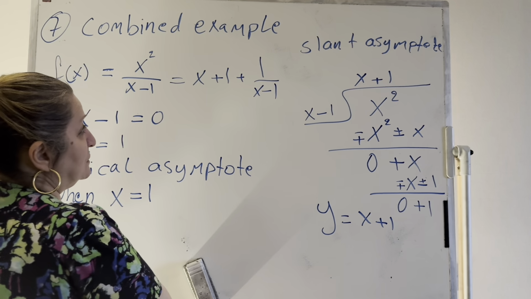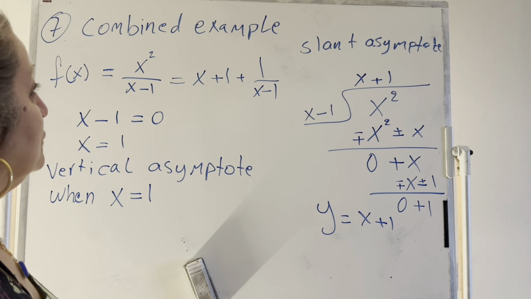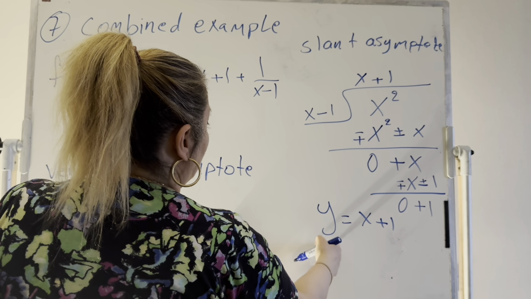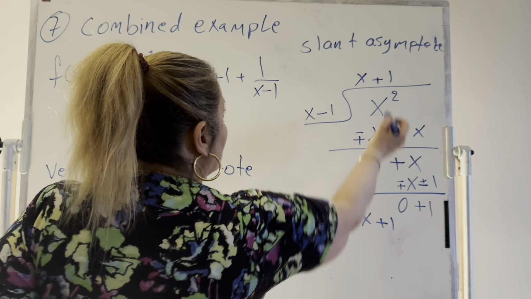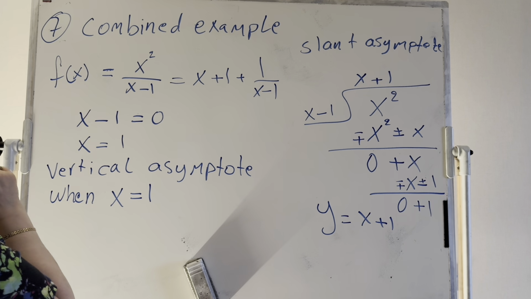This is the remainder. So the function has slant asymptote when y equals x plus 1, and vertical asymptote when x equals 1.